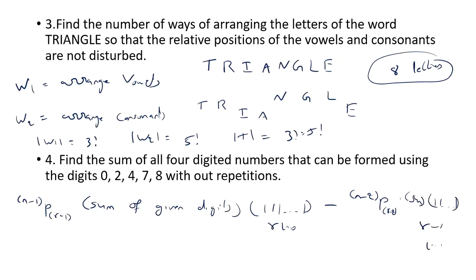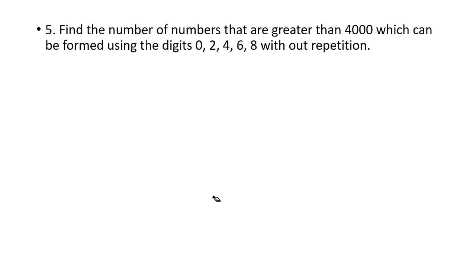So if you use this formula, then you can solve this one. So here n is equal to 5 and r is equal to 4, and sum is equal to 0 plus 2 plus 4 plus 7 plus 8. So it is a direct application of the formula. Whenever you have formulas, you can directly use the formula. If you don't remember the formula, then you have to follow the actual procedure.